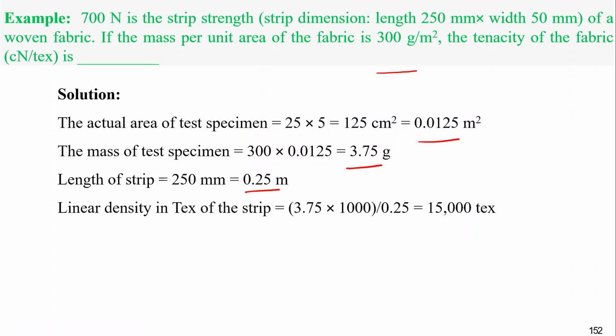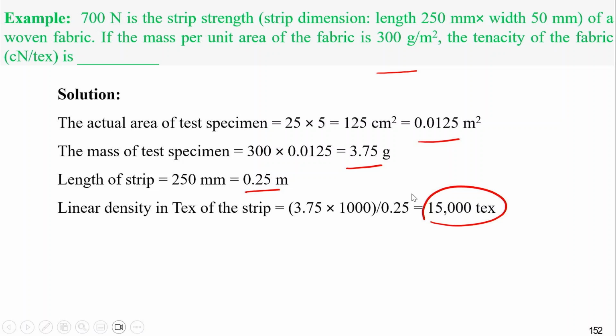From there we can calculate the tex of the strip, like we have done in the earlier case, it is 15,000 tex. So, we know the tex of the material, and we know the breaking load, it is given 700 Newton.